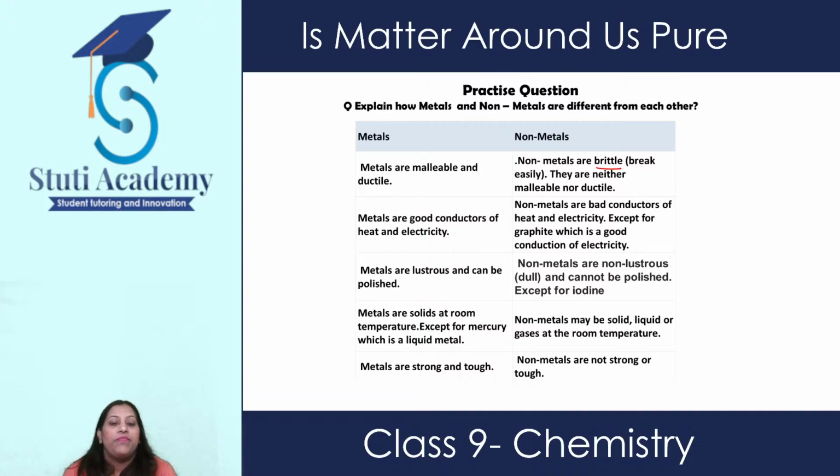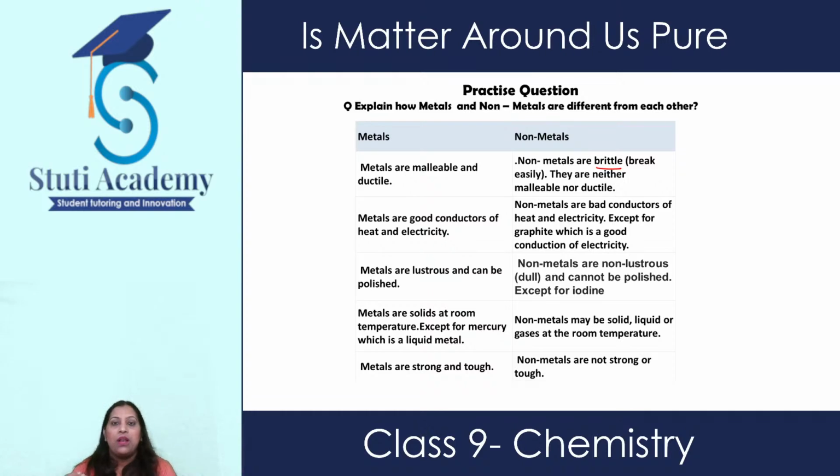Now next is metals are lustrous and can be polished. If we talk about metals, they have a shiny appearance, they are very shiny. But sometimes these metals, when they come in contact with oxygen, lose their shine. But we can easily polish them again and they regain their shiny appearance.